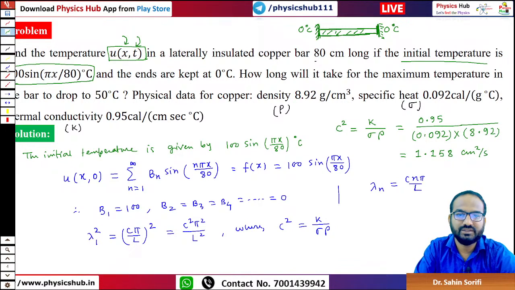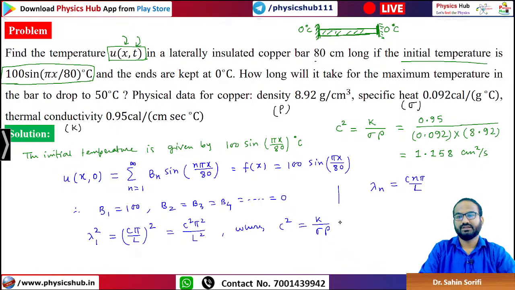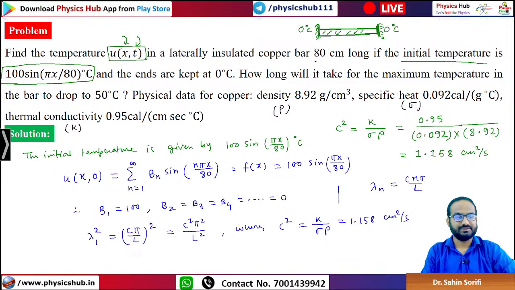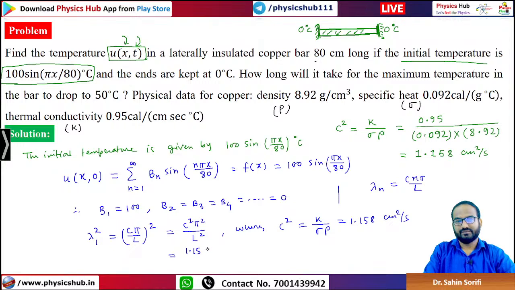The c square value we have already evaluated, so we can directly put here 1.158 centimeter square per second. So if you put this value here, 1.158, this is the value of c square, into pi square, so around 9.870 divided by L square.